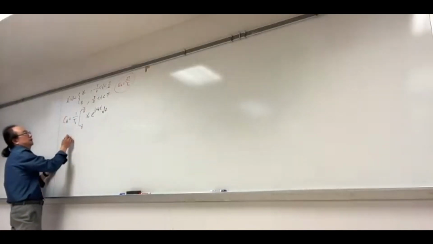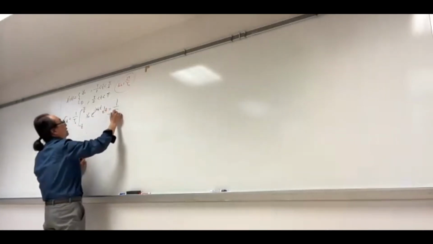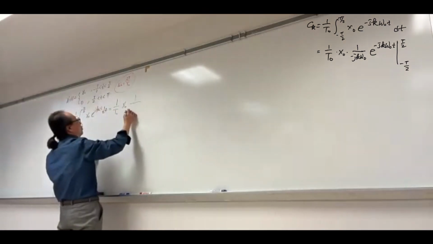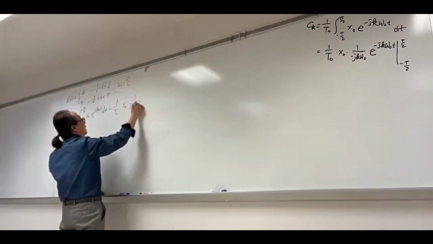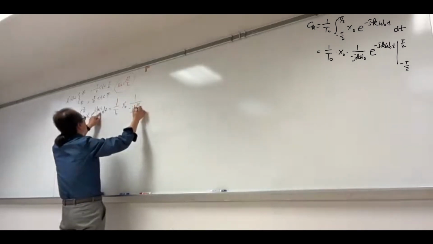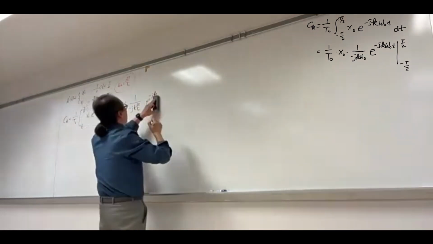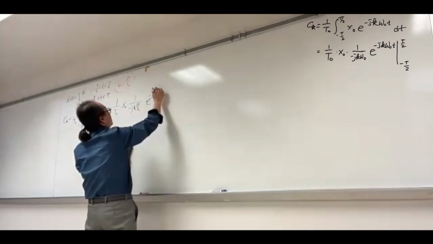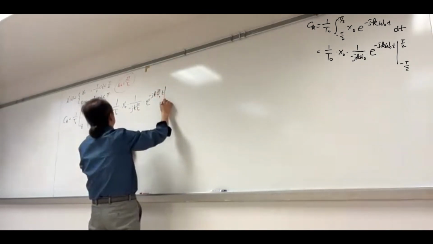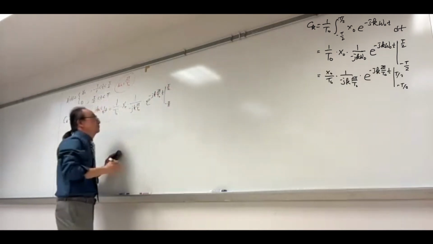Let's do this. Then this equals 1 over T naught, 1 over T naught, x naught times 1 over negative j k omega naught, where omega naught is 2 pi over T naught, times e to the negative j k 2 pi over T naught times t, from negative T over 2 to positive T over 2.